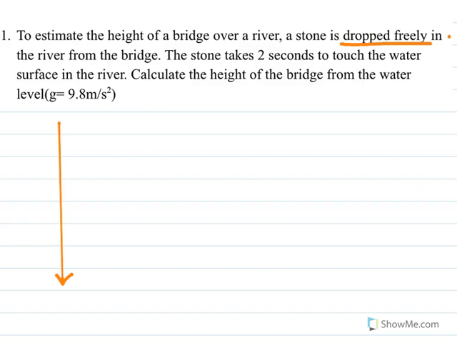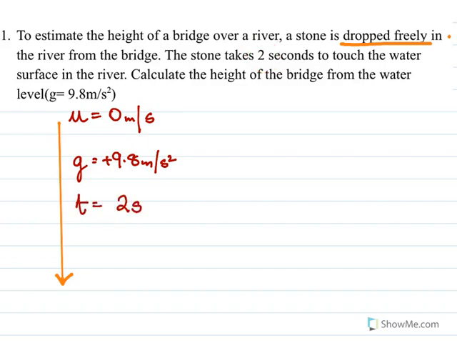Now when a body is dropped, we know the initial velocity U is 0 meter per second. And in this case the G is given as 9.8 and it will be positive 9.8 because there is acceleration taking place. And the body takes 2 seconds to reach the ground. So time equal to 2 seconds.